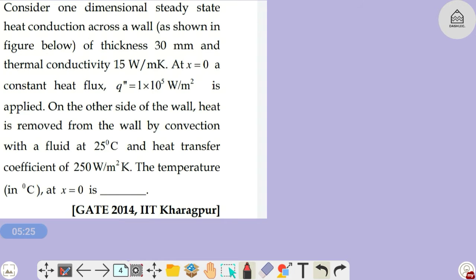On the other side of the wall, heat is removed from the wall by convection with a fluid at 25 degrees Celsius, and heat transfer coefficient is 250 watt per meter square Kelvin. The temperature at x equal to 0.